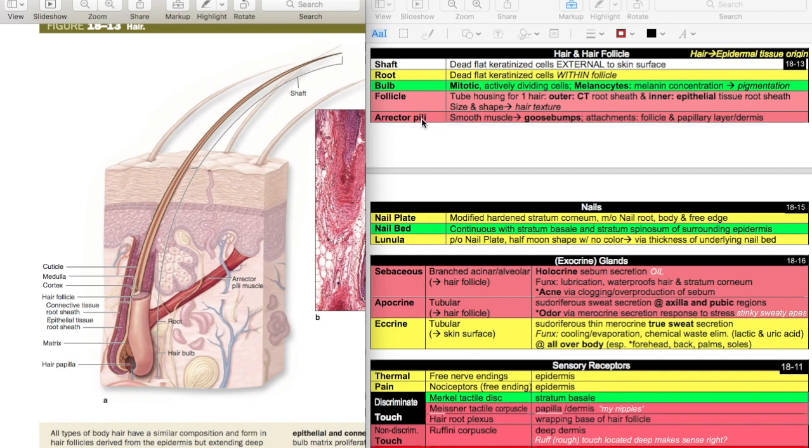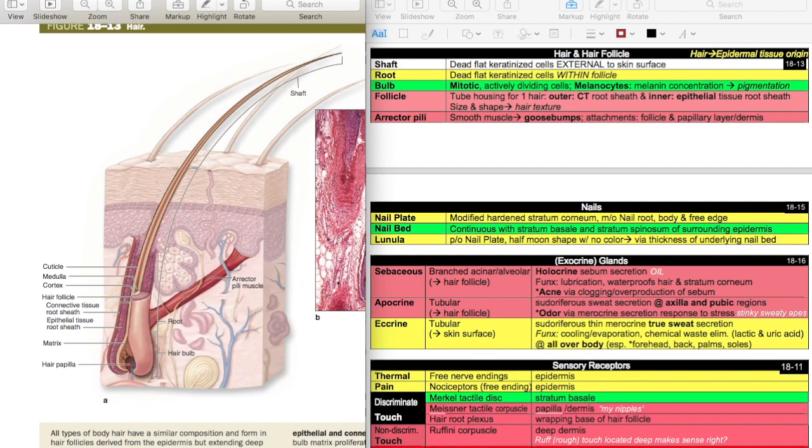The erector pili is the little muscle found in the dermis, specifically the papillary layer of the dermis. You can see up here it's on this little nipple, the nipple layer. That's where it originates, and it inserts on the follicle of the hair. The follicle is just a little housing for the hair to live in.